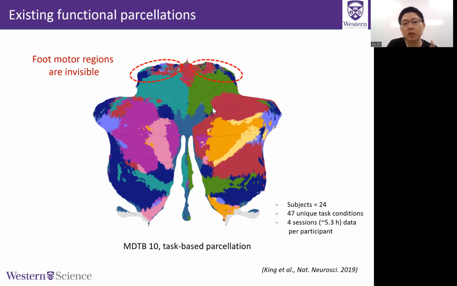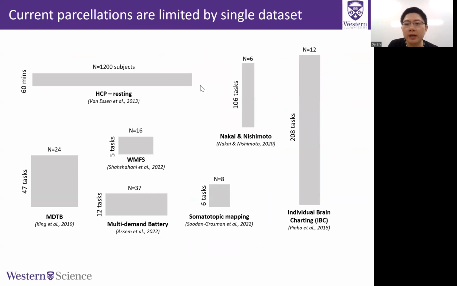That is because no foot motor tasks were involved in the data set that this parcellation was trained on. So if we want these areas to become visible, we probably need another data set that has this knowledge. This really limits the utility of these parcellations, because most existing parcellations are developed based on single fMRI studies.